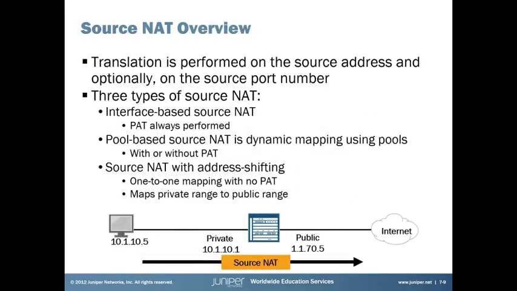As I said, let's go back to that. So the interface-based NATing is, we say, we're going to translate all these private addresses to the address that is on this interface, whatever it is. And the benefit of that is that you don't have to specify an actual address. You just say, translate those source addresses to the address on this interface.